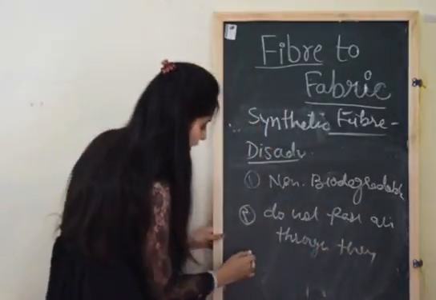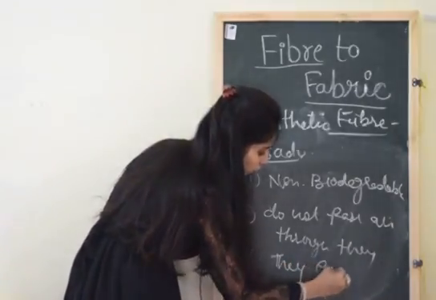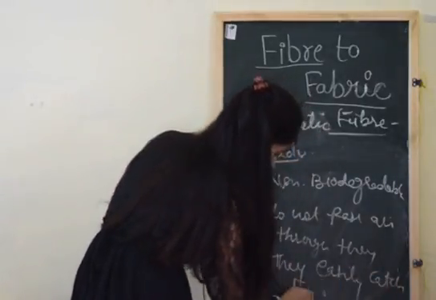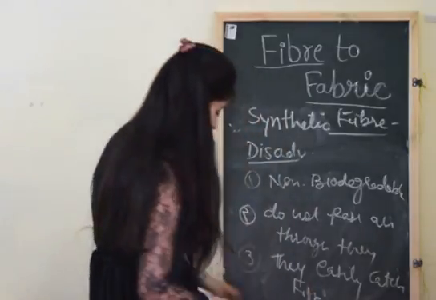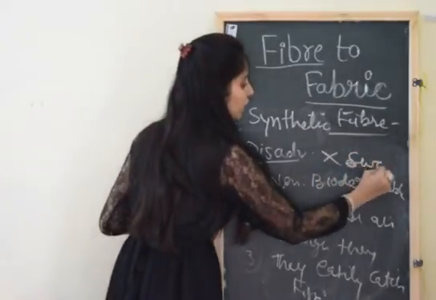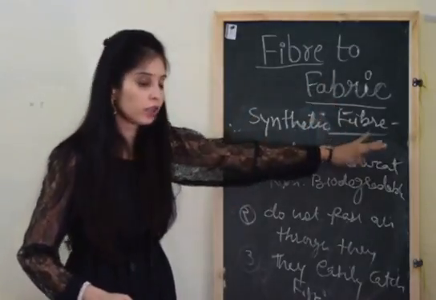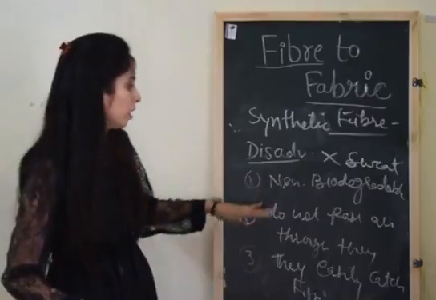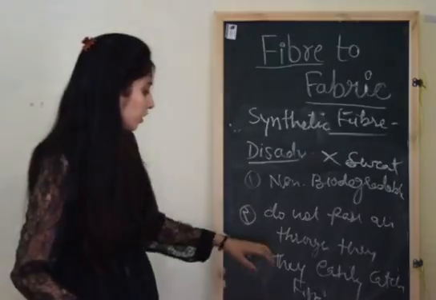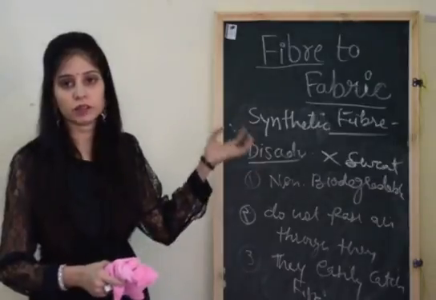They easily catch fire. And they do not absorb sweat. They are non-biodegradable, so they affect our environment, they do not pass air through, and they easily catch fire. So these are the disadvantages of synthetic fibers.